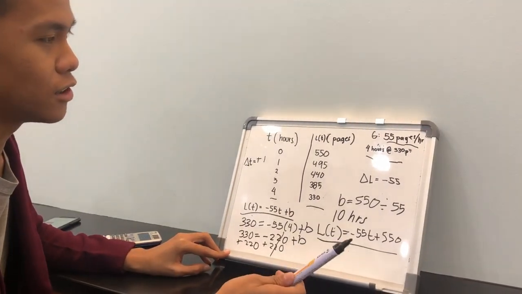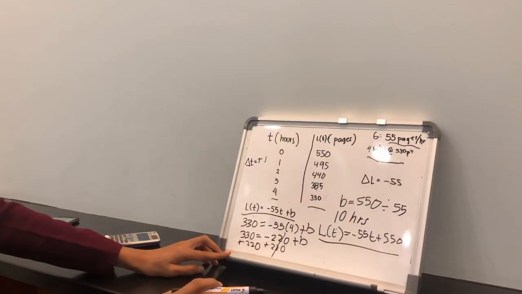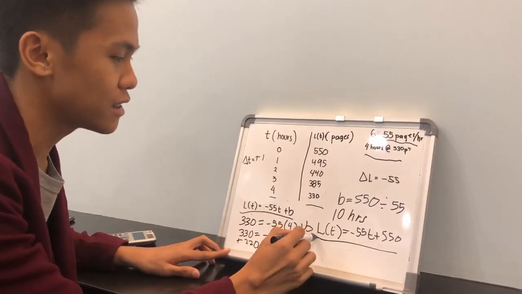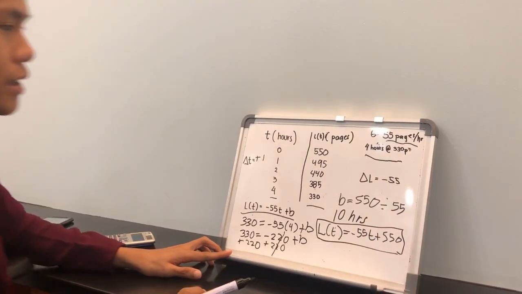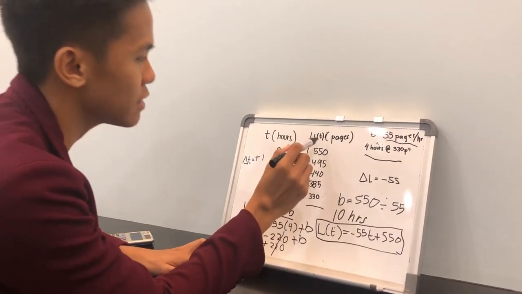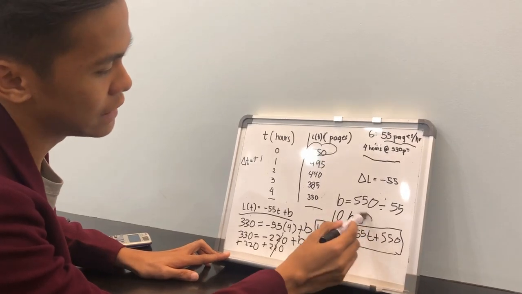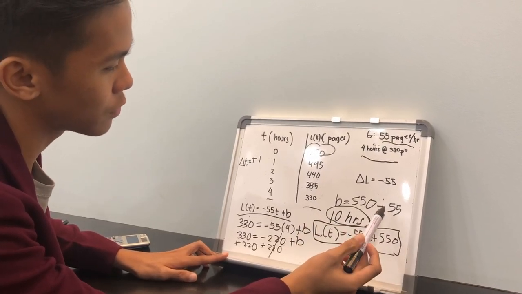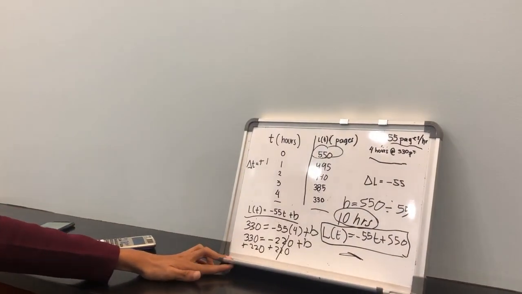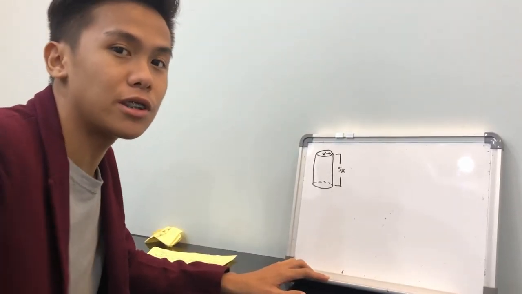This is an algebraic function that can represent this problem. And as you can see, we have the answers here. Initial pages is 550 pages, and how many hours it took is 10 hours. We can get that by using this equation. And that's it for example 1. So let's proceed to another problem.